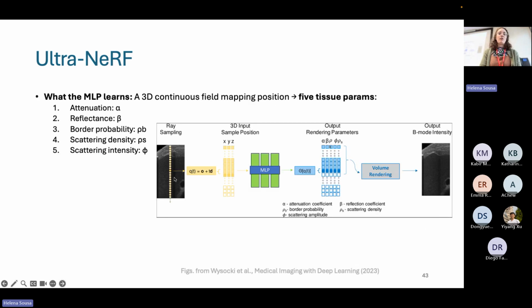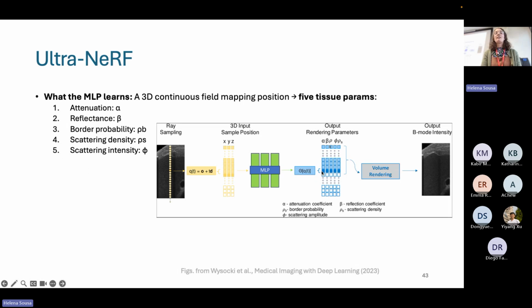So very briefly, again, your input is a set of coordinates, and then you have your MLP layers, and the output from the INR is, in this case, not directly the intensity, but 5 ultrasound-specific parameters that depend on your tissue type.